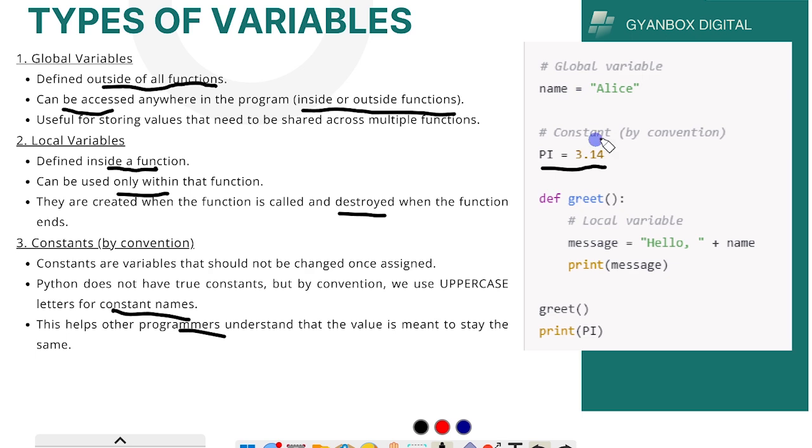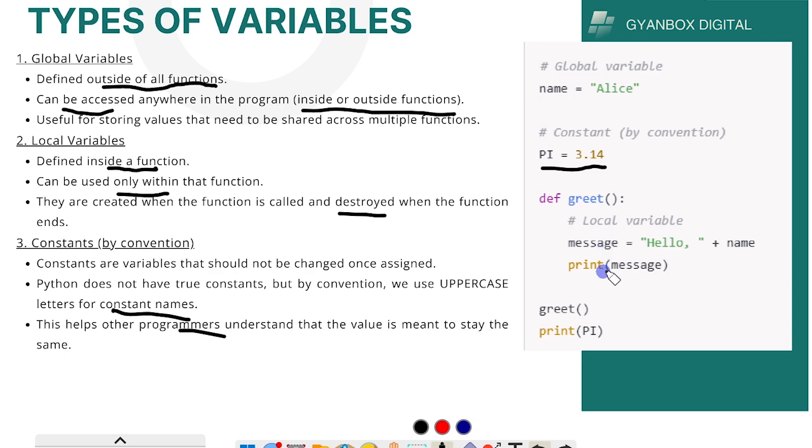On the right side, you can see a small example for the global variable, say name equals "Alice". Here a normal global variable is created which is accessible throughout the program. To create a constant, as I said previously, PI in capital letters equals 3.14, and I'm creating a greet function by using this def greet statement, message hello plus name.